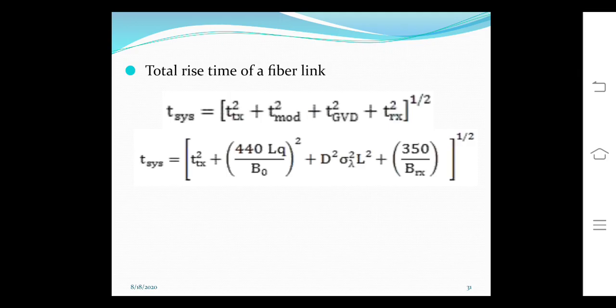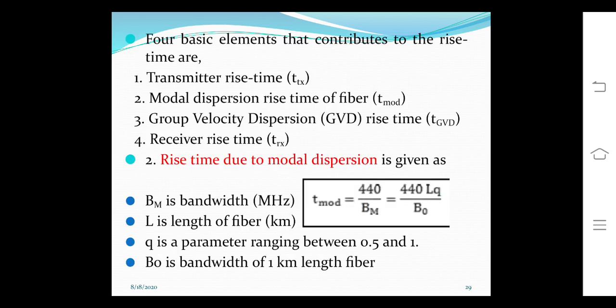So the total rise time of a fiber link is the combination of all these rise times, that is the four rise times: the transmitter rise time, the modal dispersion rise time, the group velocity dispersion rise time, and the receiver rise time.